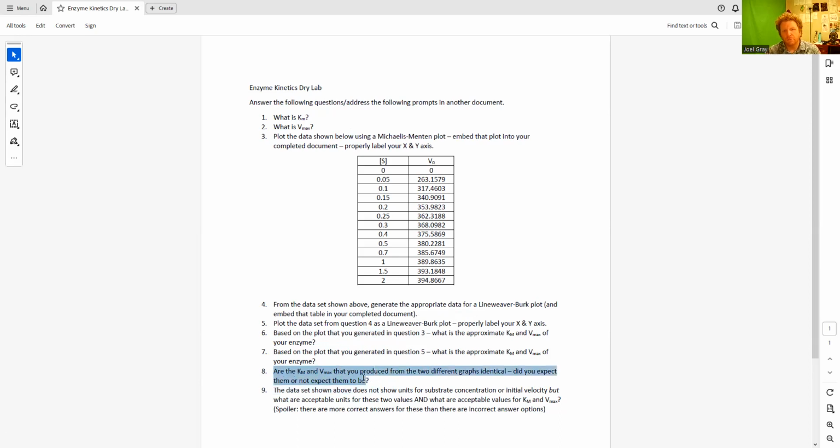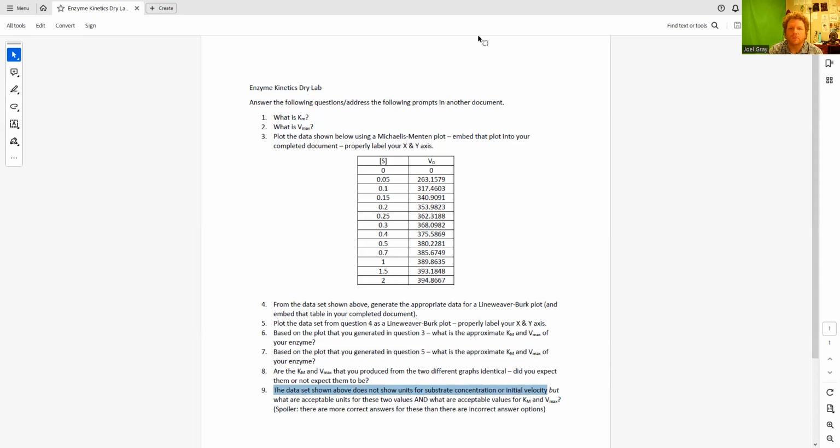Did you expect them to be, or are you surprised that they are not? And then number 9, the data set shown above does not show units for substrate concentration or initial velocity, but what are the acceptable units for these 2 values and what are acceptable values for Km and Vmax? My spoiler there is there are more correct answers for these than there are incorrect answer options.